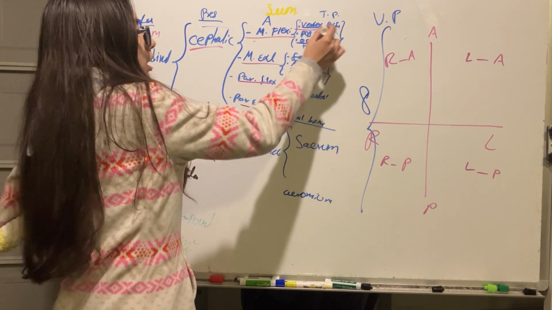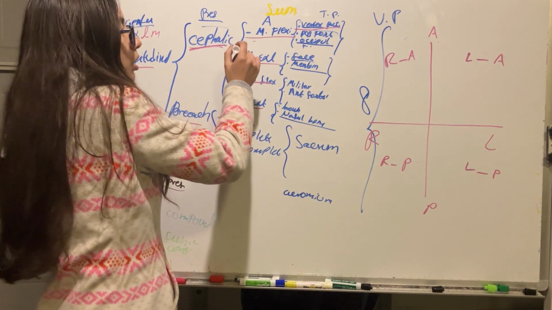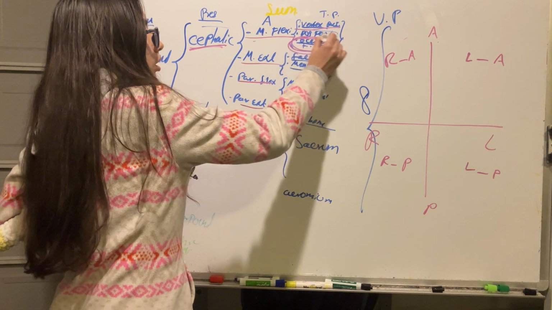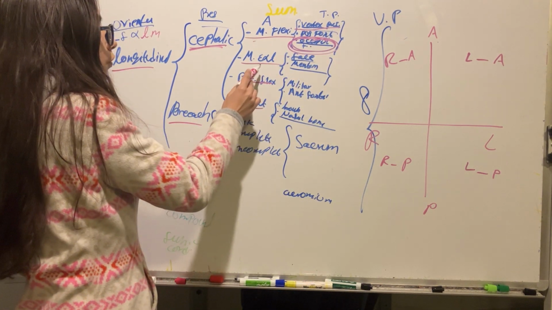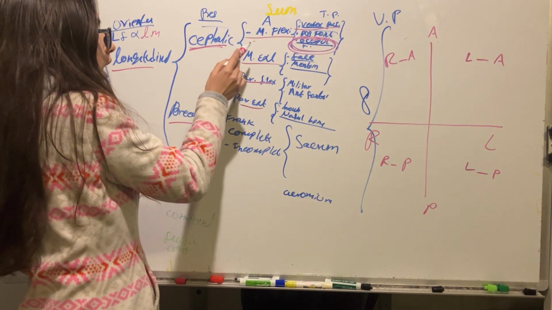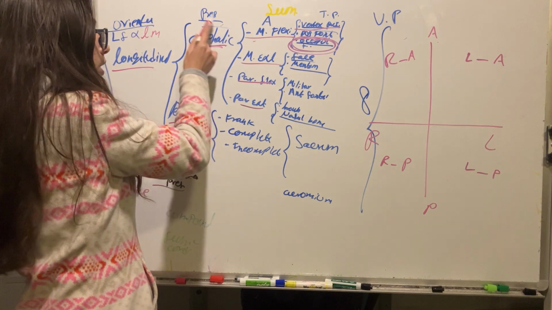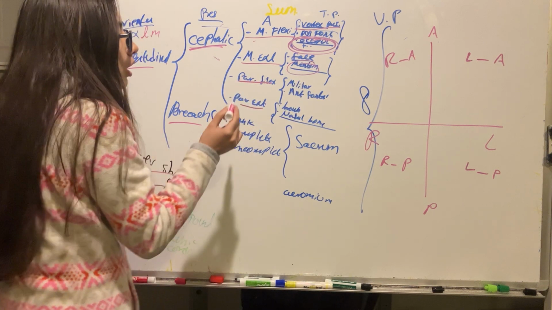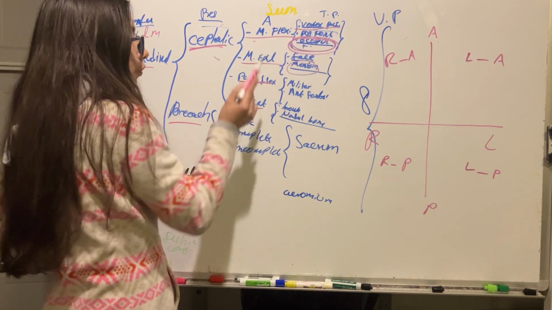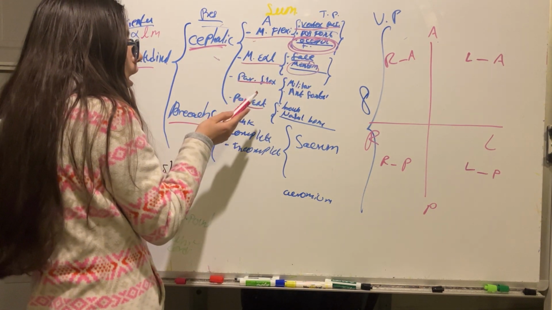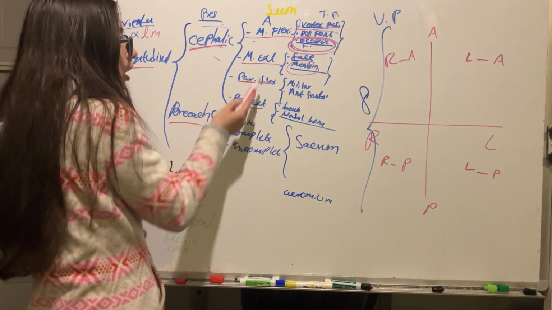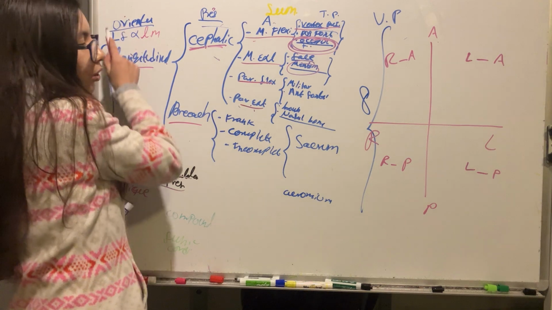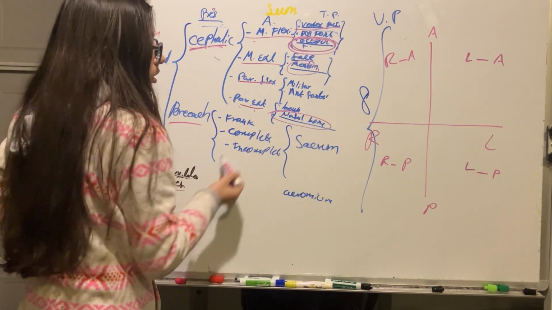This is vertex presentation, which has the tokonomic point as occiput, the tokonomic point of the maximal extension attitude of the cephalic presentation of the longitudinal orientation is the mentum, the tokonomic point of the partial extended attitude of the cephalic presentation of the longitudinal orientation is the nasal bone.